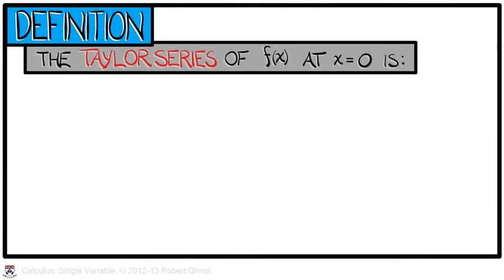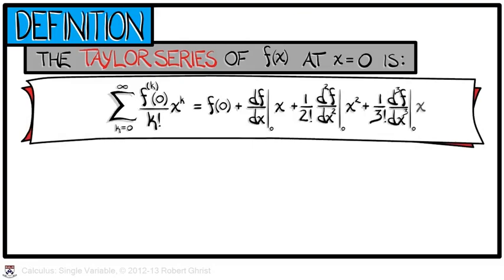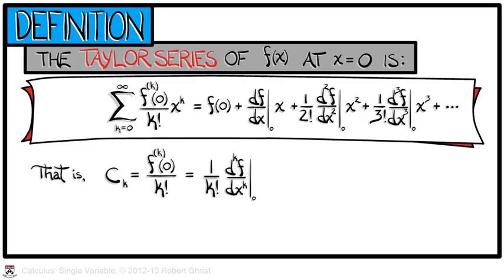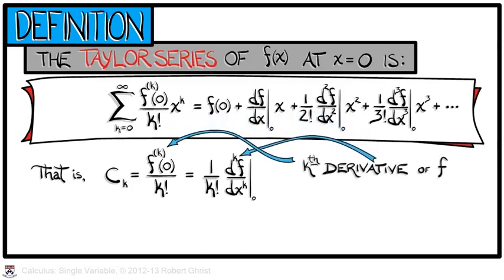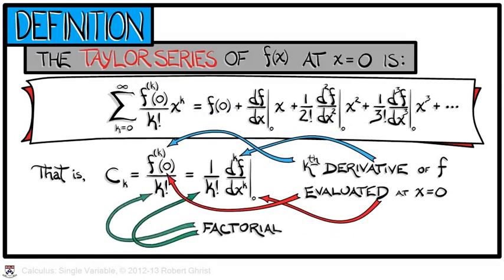The following definition is critical. The Taylor series of a function f at an input 0 is the following series: f at 0 plus the derivative at 0 times x plus 1 over 2 factorial times the second derivative at 0 times x squared, etc. That is, the kth coefficient is equal to the kth derivative of f evaluated at the input 0 and then divided by k factorial.